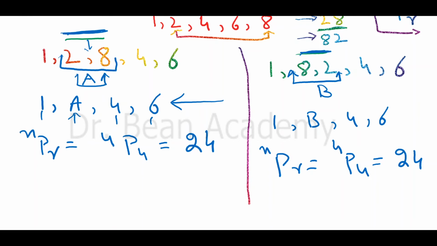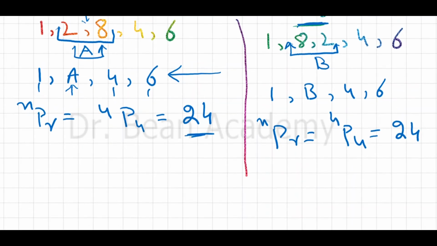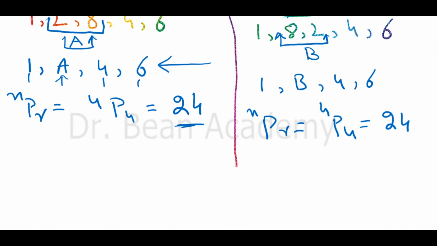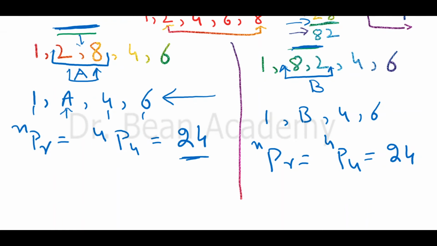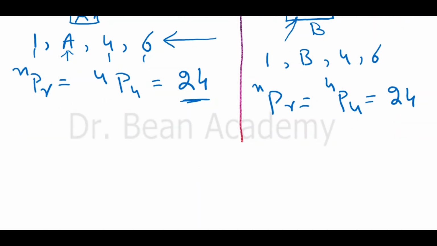So there could be two possibilities when they are next to each other. Okay, so now how many permutations can you make when 2 and 8 are next to each other? 24 for the case when 2 is first and 8 is after that, and 24 for when 8 is first and 2 is second in that group. So 24 plus 24, you can make a total of 48 permutations.